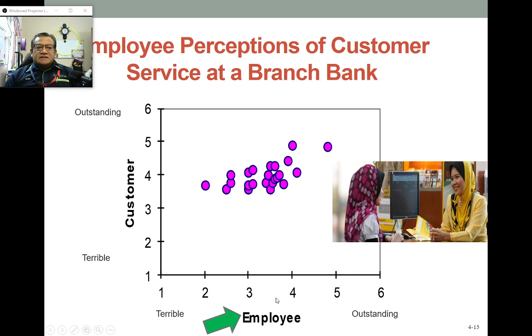Okay, here is the chart depicting the relationship between customer and also employees. This is a survey of about 23 or 26 bank branches, and it correlates what the employee says to the customer, or what the employees say among themselves, with the survey answered by the customers.